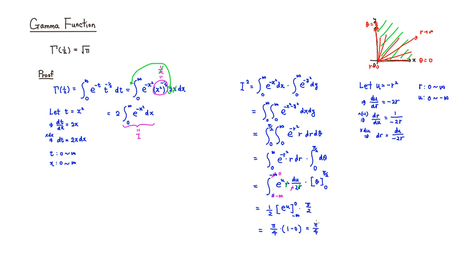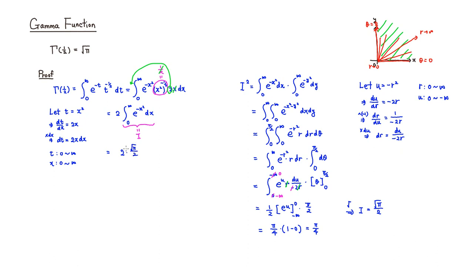So I squared came out to be pi over 4, and by taking the square root of that, we get I, which is square root of pi over 2. Alright, so we're going to put that back in. It's going to be 2 from here, but this integral I came out to be square root of pi over 2.